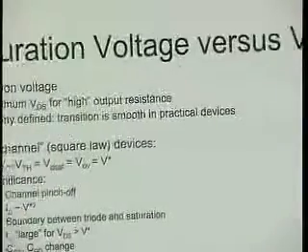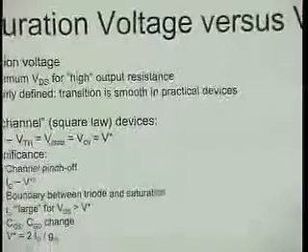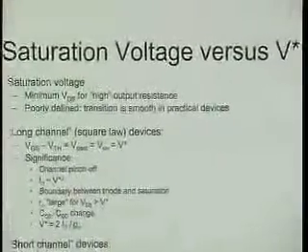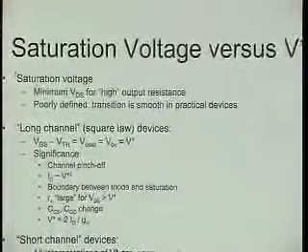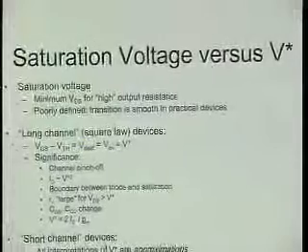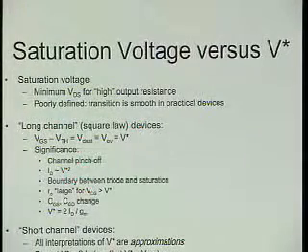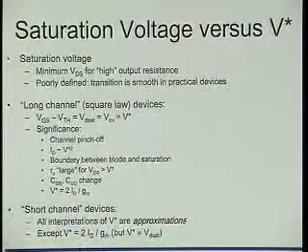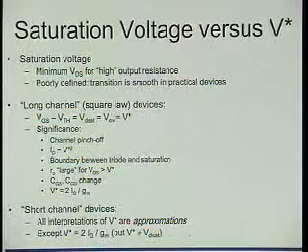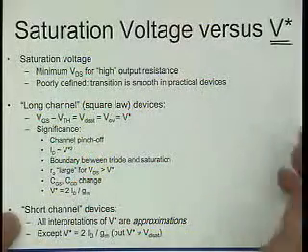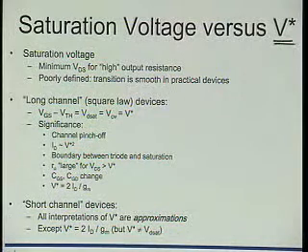Okay. This slide here comes a little bit out of sequence, perhaps. It talks about the saturation voltage versus V star. The reason it's here is that in the past, before I had this V star, I just called it VDsat. People were always confused.